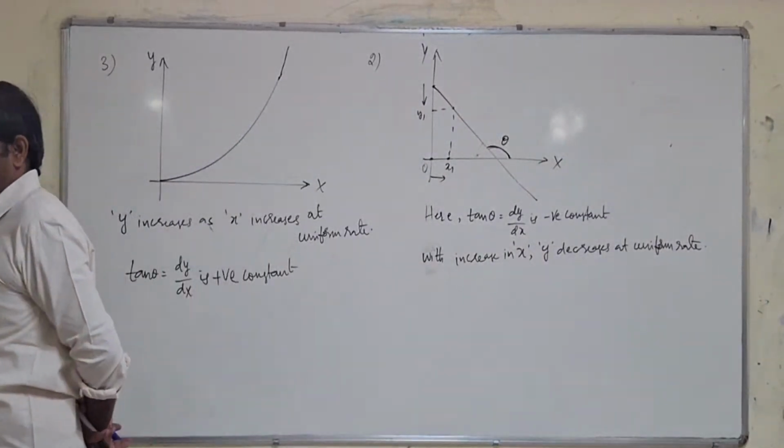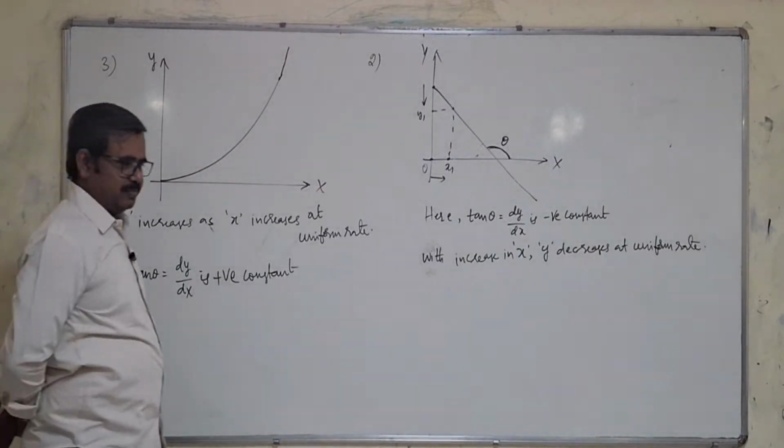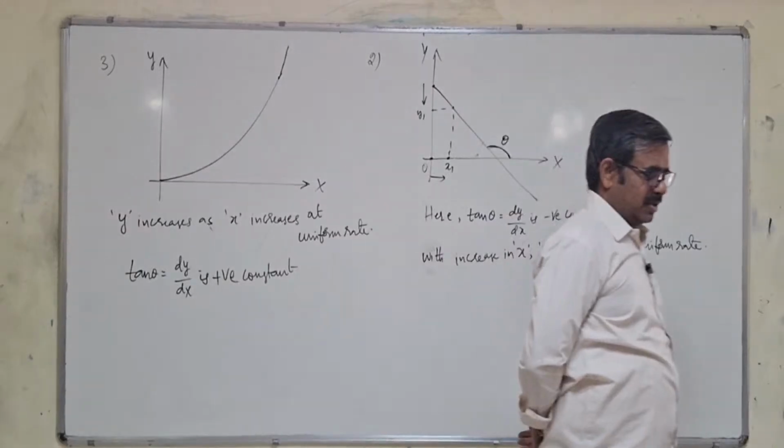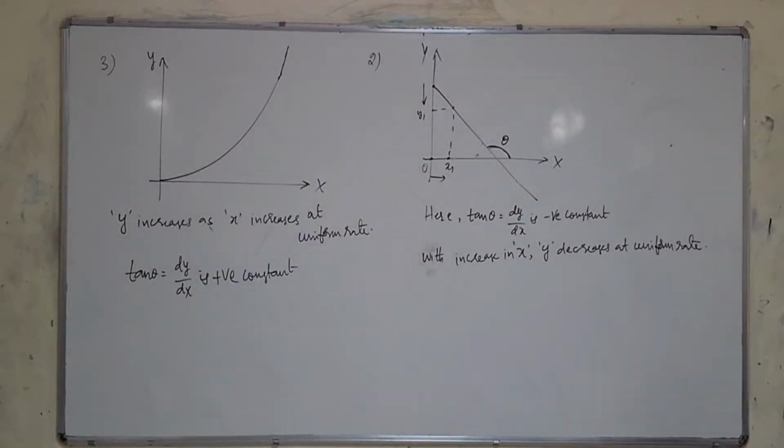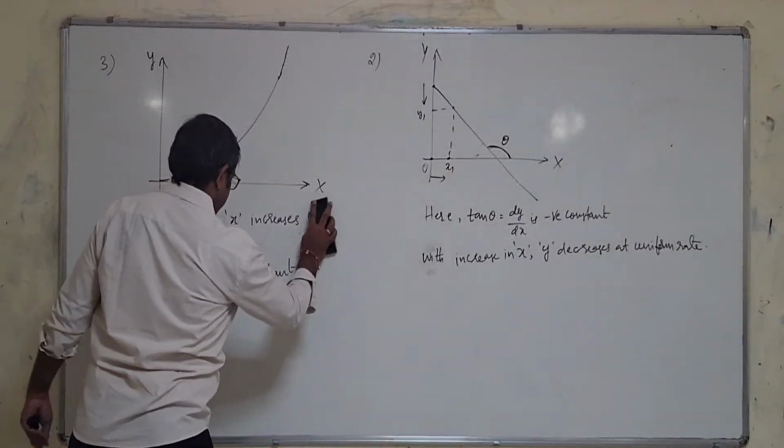With increase in x, y increases or decreases? Increases. But how is it different from the first graph? This doesn't increase at a uniform rate. Y increases as x increases.